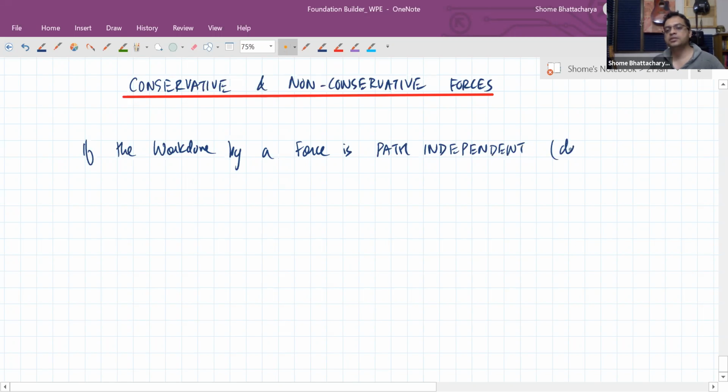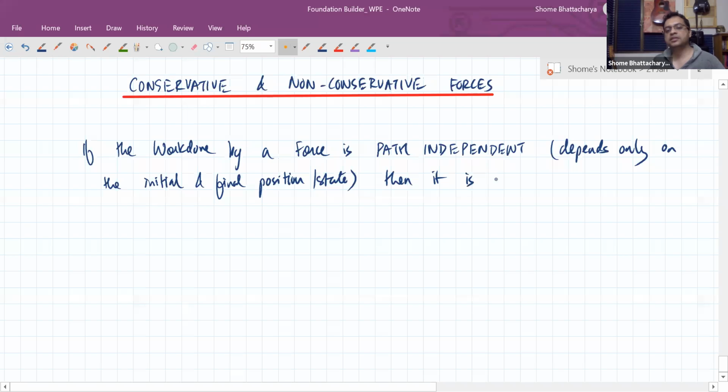That is, it depends only on the initial and final position, or whatever we call it, state. Then it is classified as a conservative force.